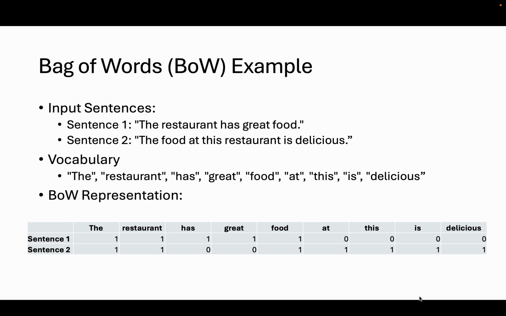Now let's create a matrix where each row corresponds to a sentence and each column corresponds to a word in our vocabulary. We then fill this matrix with the count of each word in the corresponding sentence. And so this matrix is our bag of words representation.